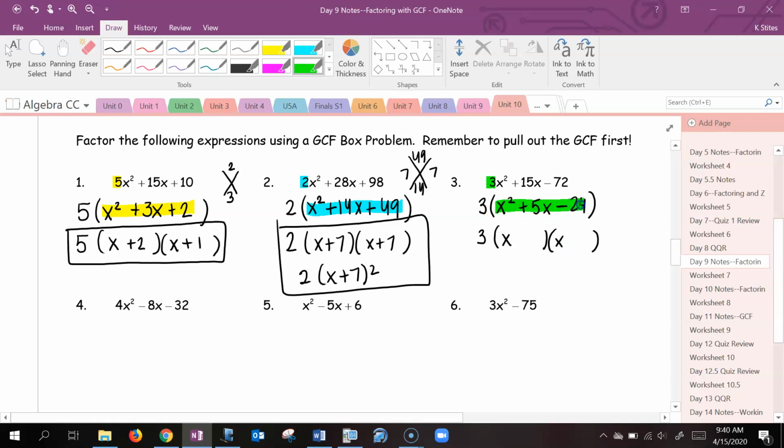We are finding the box problem for this guy. So we're multiplying to negative 24. We are adding to 5. And that should be a positive 8 and a negative 3. Make sure your 3 is out front.